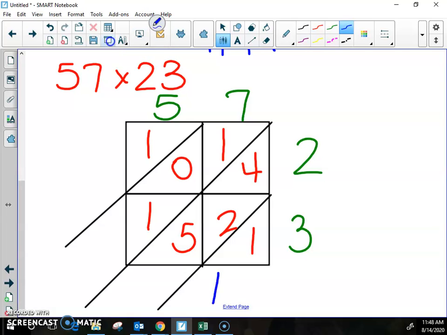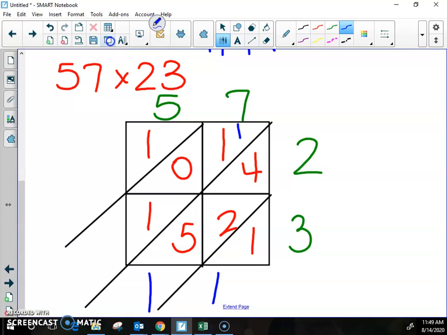What do I add next? 4 plus 2 plus 5, because they're all in that next column, and what does that equal? 11. Can I write my whole 11 down here? What do I have to do? Carry my 1 to the next column.